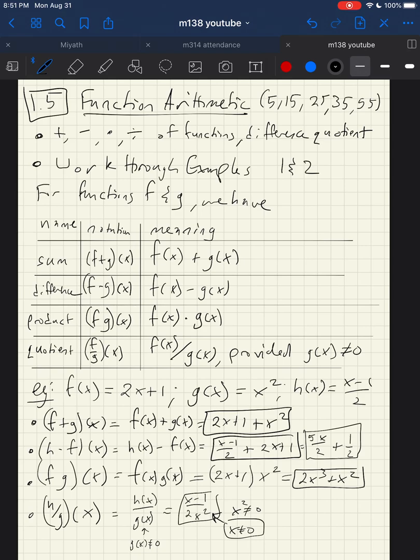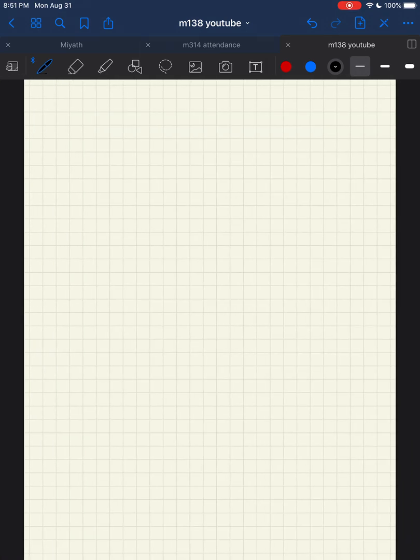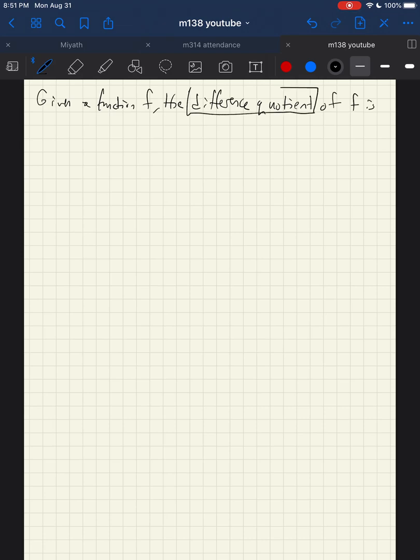Okay, so the next thing, and kind of the other big thing from this, is the difference quotient. So I'll define that. Given a function f, the difference quotient of f is, and this is something that I'm defining here, and this is very important.